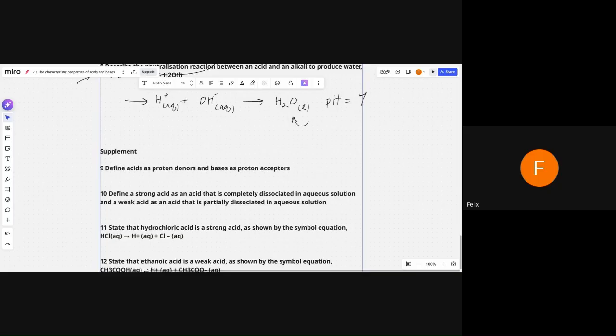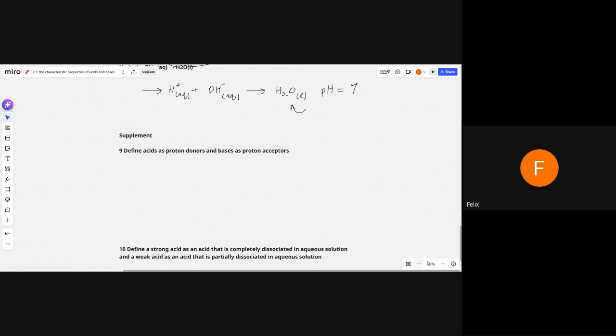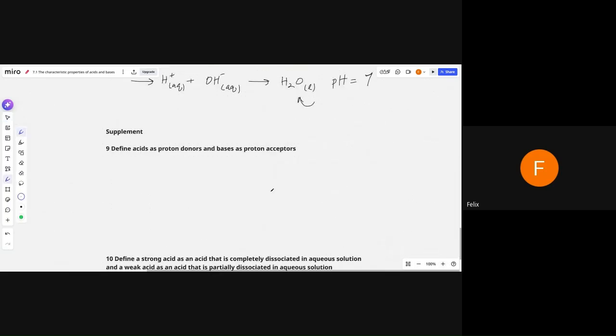So let me just write this. Okay, so acid donates a proton, right? So why is H plus also called a proton?